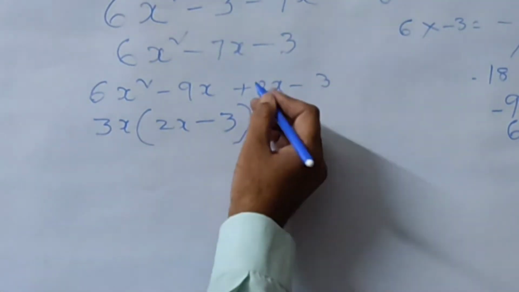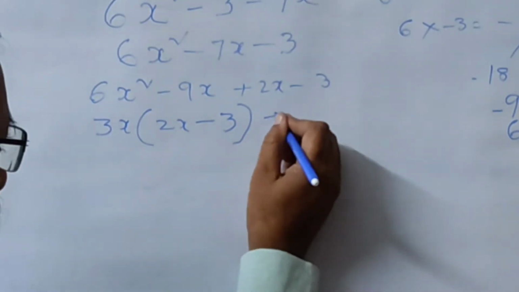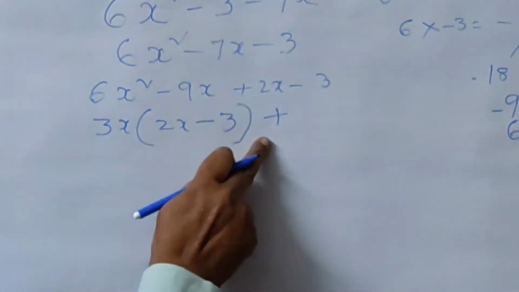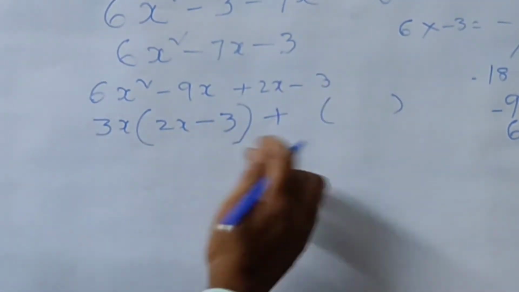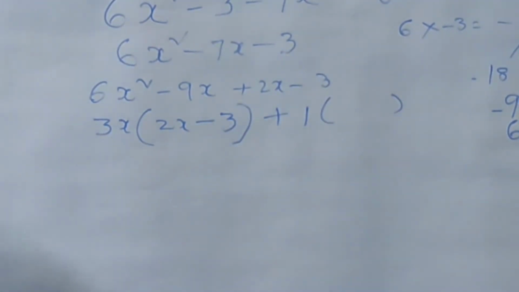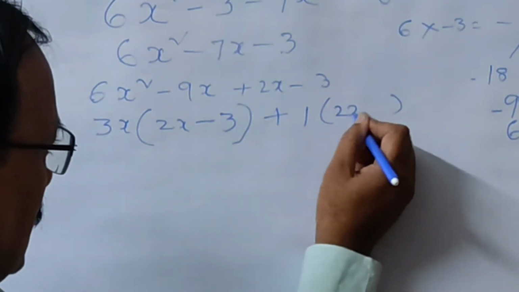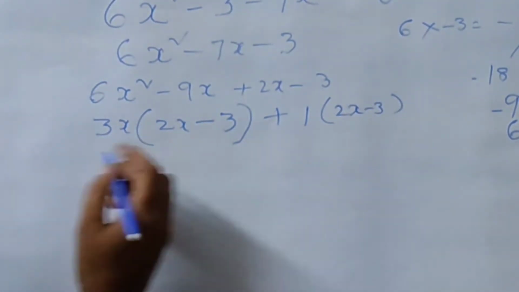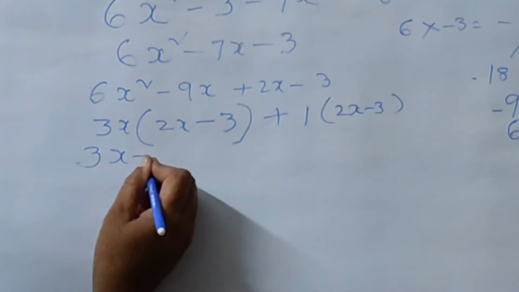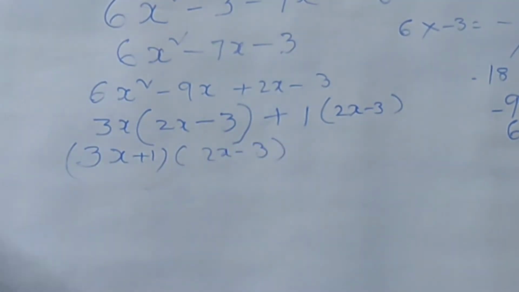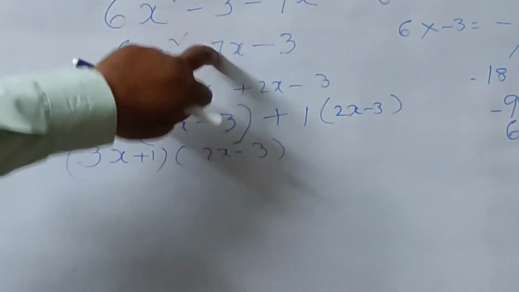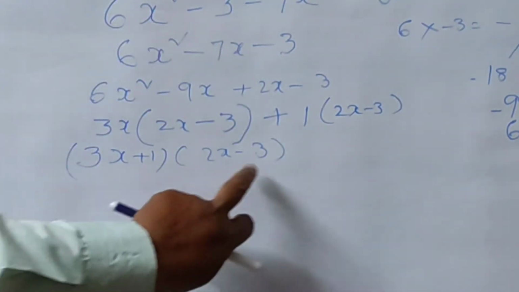Transfer the same symbol, whatever the symbol is there. Here in brackets we have the same 2x minus 3, so you put 1 as the common. Now it is 2x minus 3. Now our factors are 3x plus 1 into 2x minus 3. We split the middle term and got 3x plus 1 into 2x minus 3.